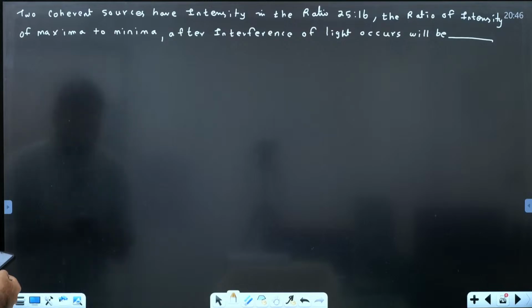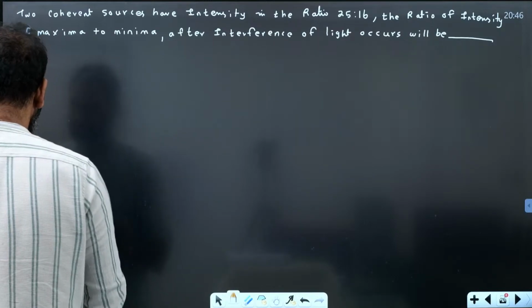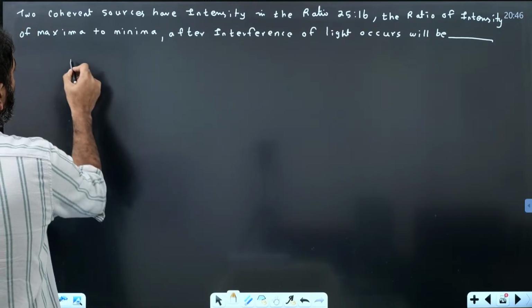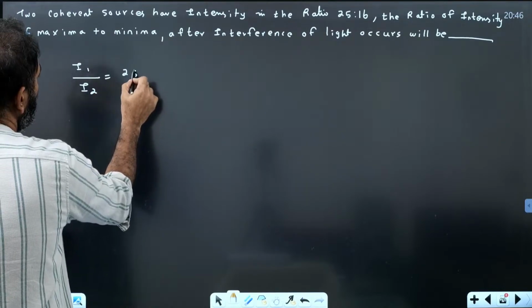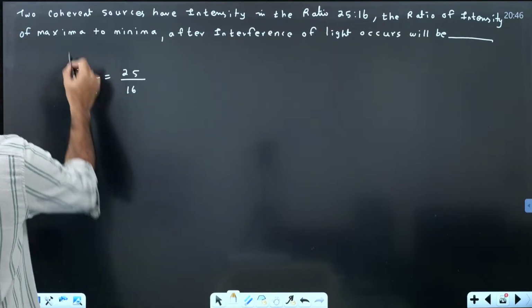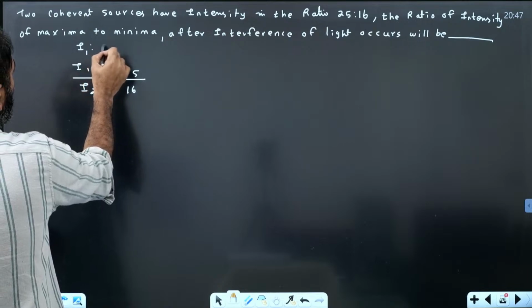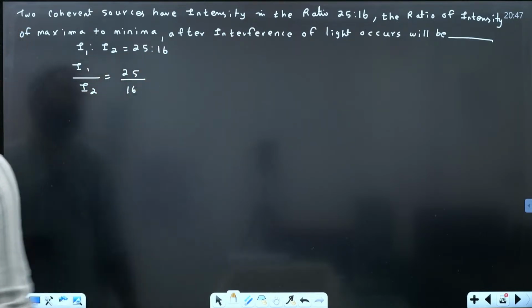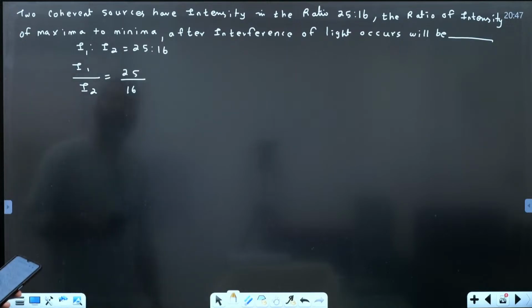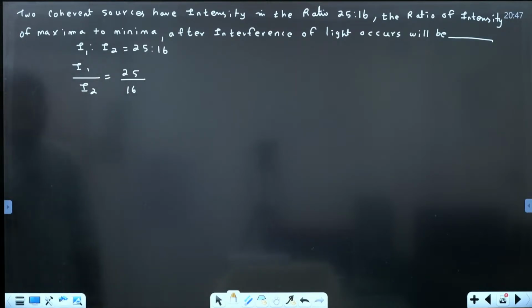Given intensity is in the ratio 25:16. I1 is to I2 is equal to 25:16. The ratio of maximum intensity to minimum intensity we have to find out.